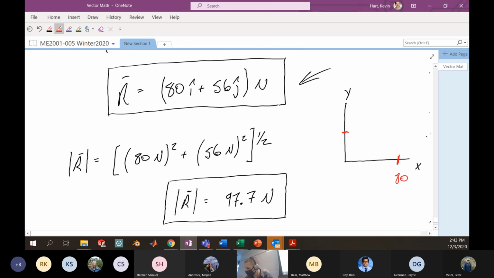Should it go a little higher than that? Maybe a little higher. Maybe here's 56 newtons. So I'm getting my vector to point at that particular location. So here's my resultant vector, R.